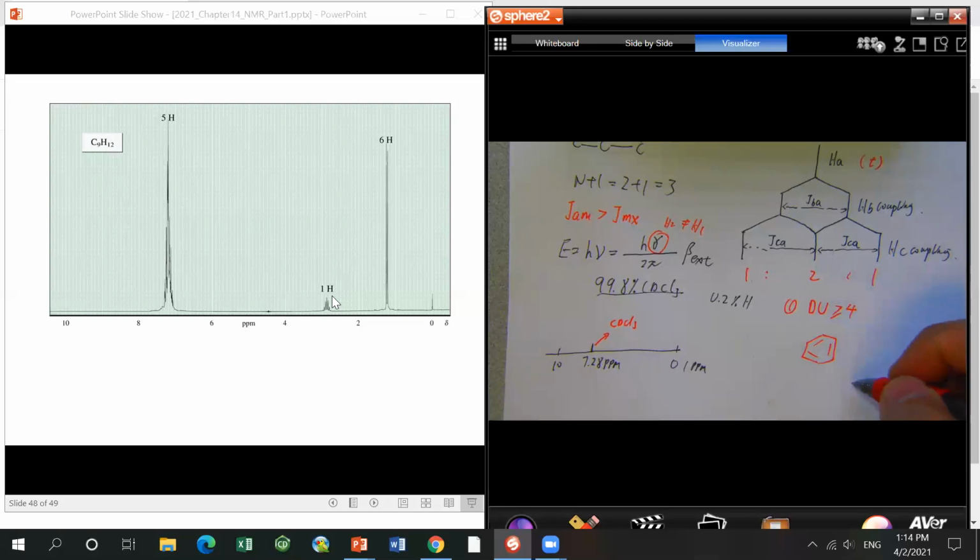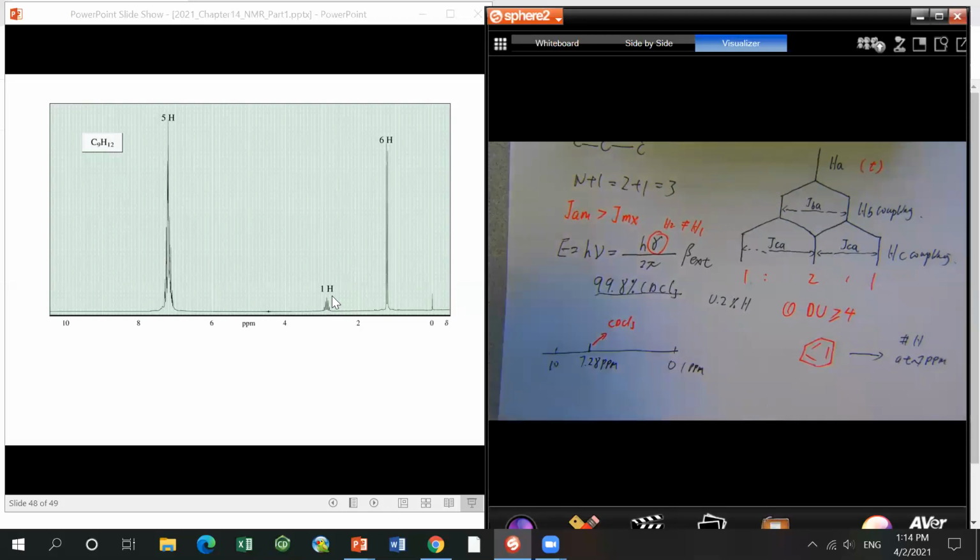Once you figure out there's a benzene, the first thing you need to do is look at how many protons there are at about 7 ppm. That information can tell you the substitution pattern, how many substituents are on the benzene.